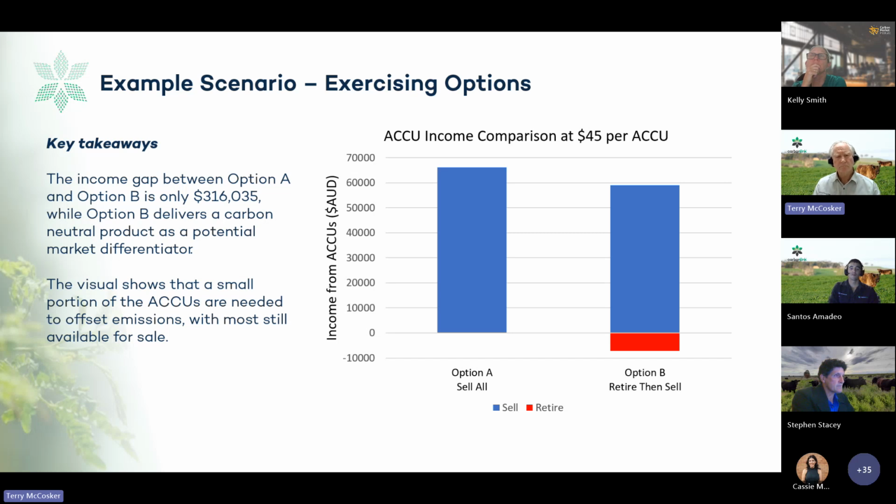Now, in the case studies that we've shown so far, they're all showing exactly the same thing, Northern New South Wales and Queensland based. As we go further into Southern Australia, the numbers and the ratios are going to change, because the sequestration is per hectare and the carrying capacity or the emissions are per animal. So in Queensland, where we're carrying, say, 1 animal to 3 hectares, we've got 3 hectares of sequestration and 1/3 of an animal for emissions.